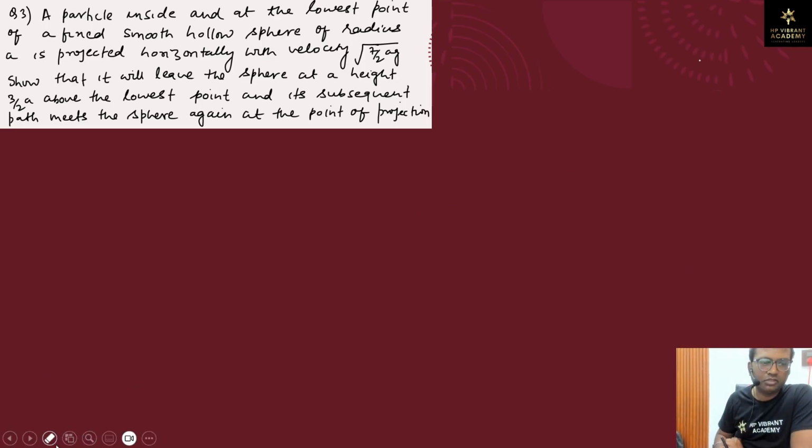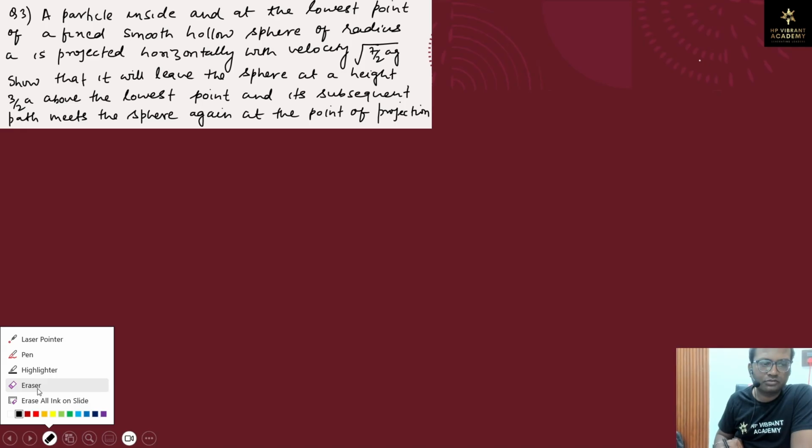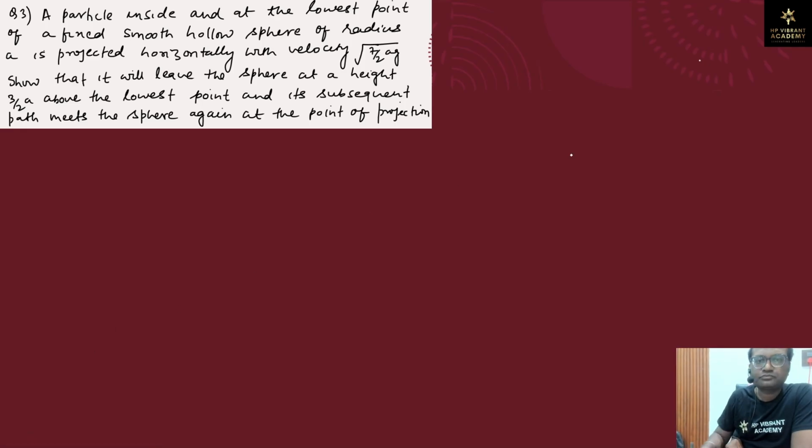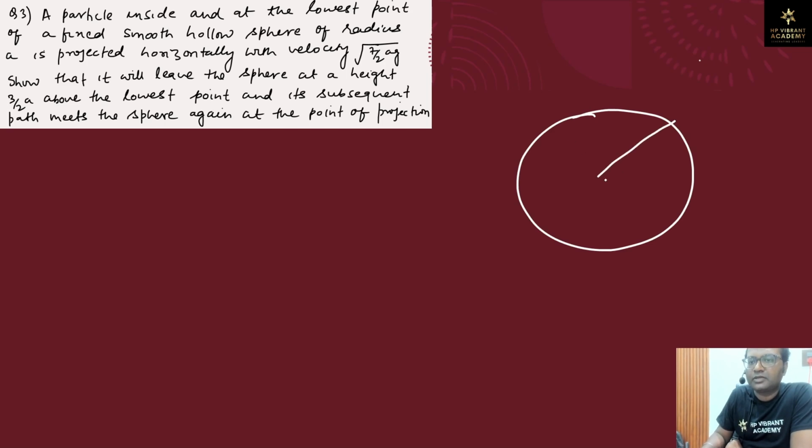Let us solve part 2 of this question. So what we are having is that at a distance of 3a upon 2 from the lowest point, this particle is leaving the sphere, rather it is following the parabolic path.